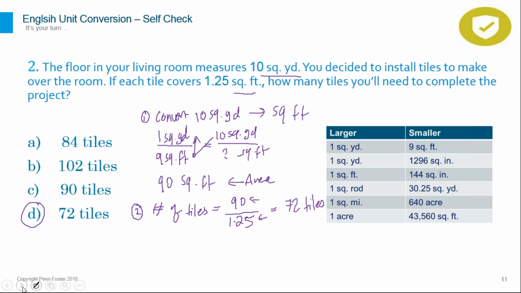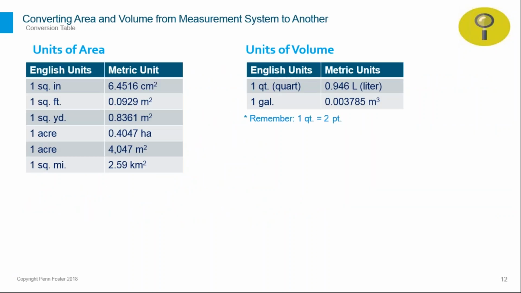Okay, let's move on to the last section in this webinar, which is how can you convert from one system to another? I like to set up my conversion table from English to metric, because we know what 1 square foot is. Roughly, it's like one regular tile, for example.